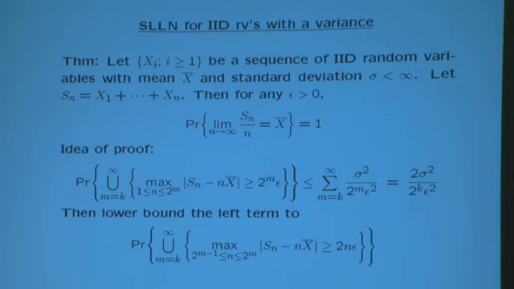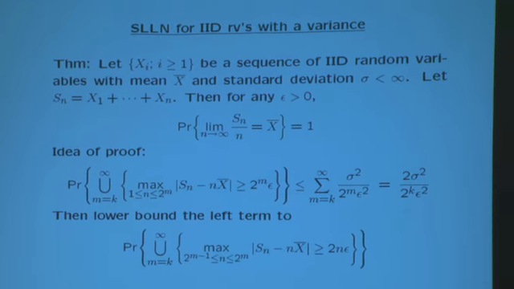That event happens for a whole bunch of sample sequences. It doesn't happen for others. And this says that the probability of the class of infinite length sequences for which that happens is equal to 1. That's the statement of the strong law of large numbers that we had before, okay?